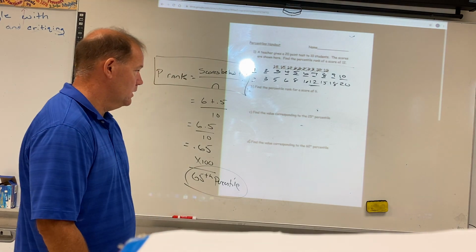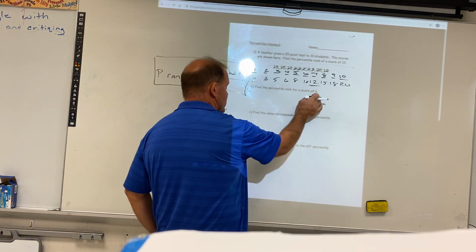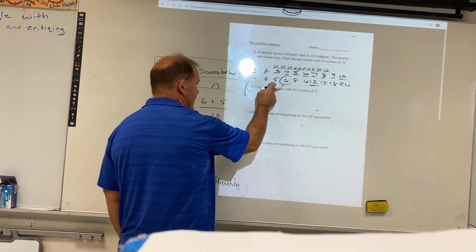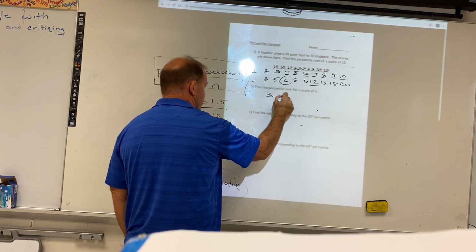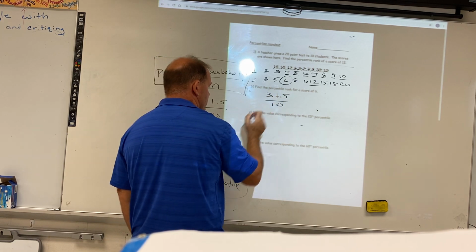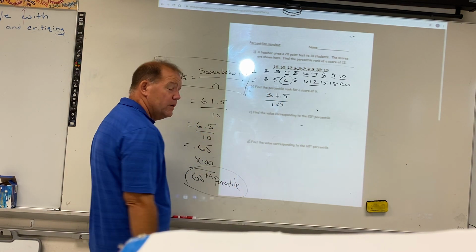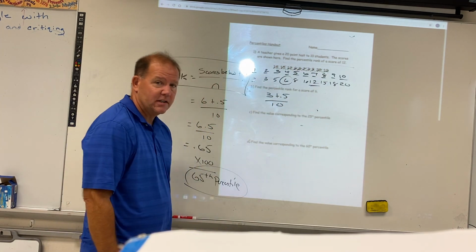Second example, find a percentile rank for a score of 6. If I look at a score of 6, this time there are only 3 values that are below it. So 3 plus 0.5 divided by my sample size. Realize you're not always going to be dividing by 10. You may have a sample where there's only 8 numbers or 6 numbers.